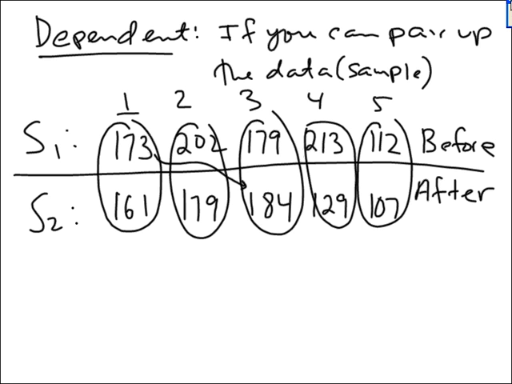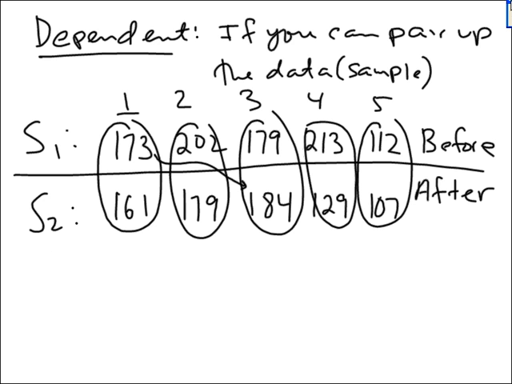Just because you can pair them up any old way, that doesn't mean they're dependent. You have to be able to pair them up in a reasonable way, a way that's sensible. 173, 161. Person lost 12 pounds. 202 to 179. Person lost 23 pounds, etc.